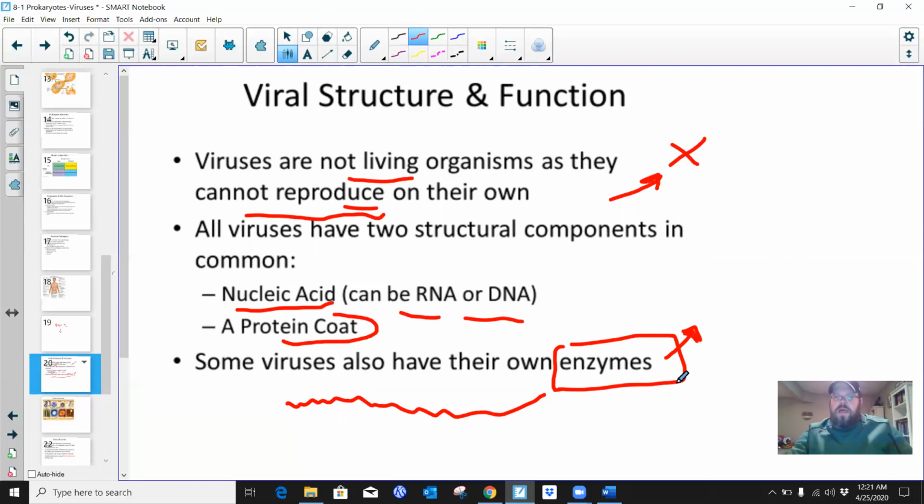So viruses will often secrete or build their own enzymes that allow them to break down cell membranes or cell walls to again inject their nucleic acid into cells. That is their primary function, trying to find a way to reproduce and create more copies of themselves.